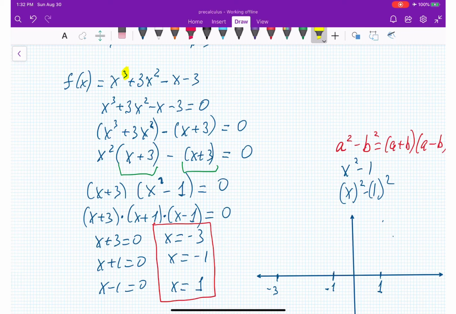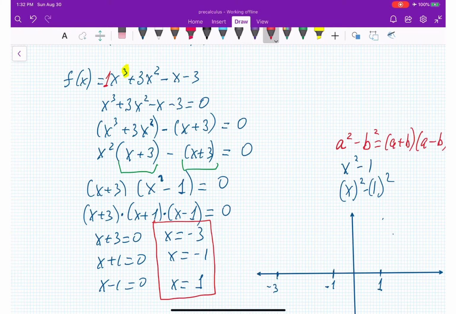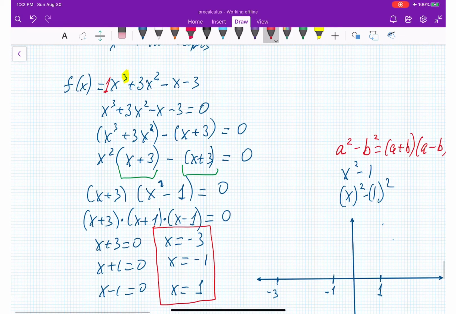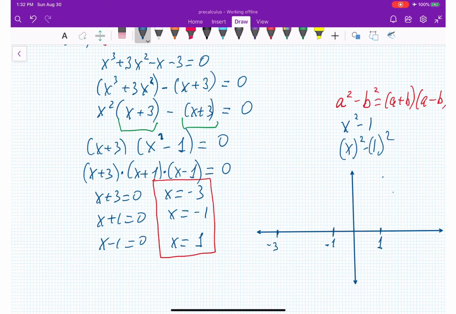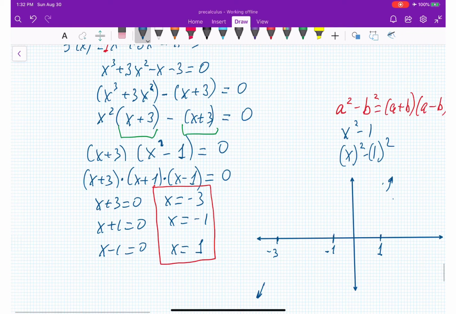When the highest degree is odd, and our leading coefficient is 1, which means it's positive, that means our end behavior is going to go this way. Left end is falling, the right end is rising. Yes? Okay. So this is how far we can build.